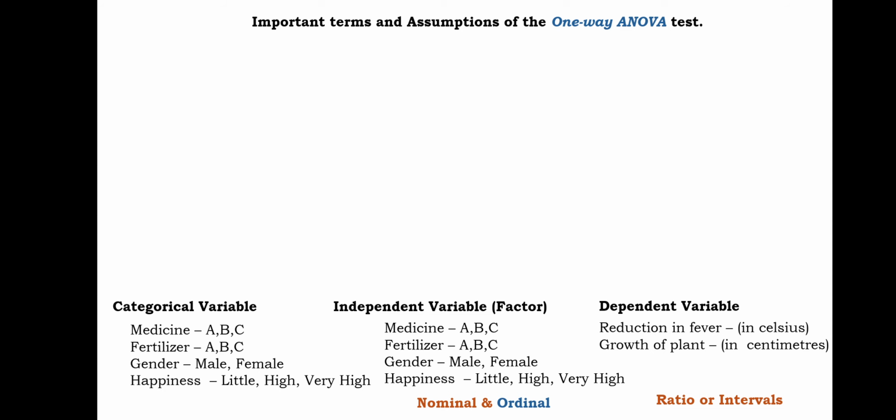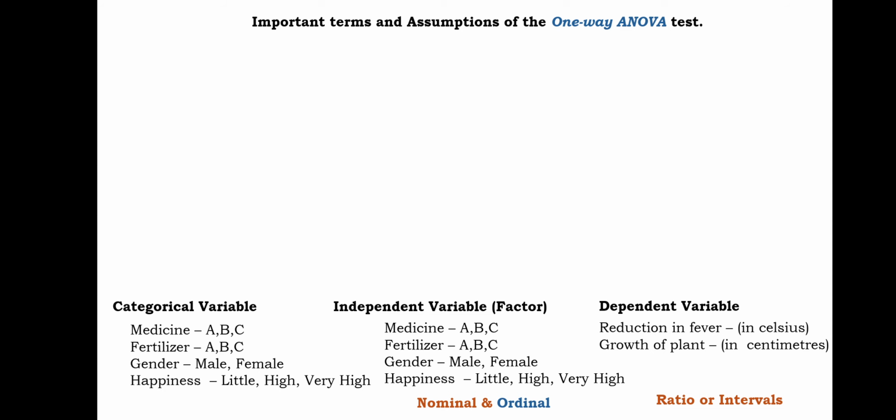So, in order to study a one-way ANOVA test, the first thing we must understand is categorical variables. Categorical variables create two variables in data: the independent variable, which is known as the factor, and a dependent variable. It means you will see data in which one variable will affect another variable.